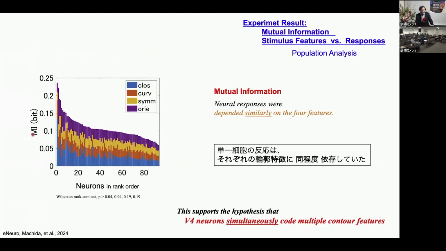This shows the mutual information for each feature, closure, curvature, symmetry, and orientation, for individual neurons, in rank order. We can observe that neural responses depended similarly on these features. This is a very nice evidence. This supports the hypothesis that V4 neurons simultaneously code multiple contour features.